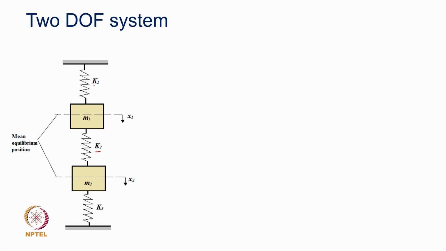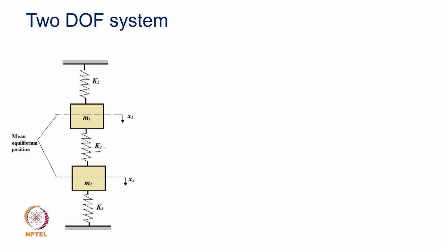For example, in the case of a hoisting drum, this is the stiffness of the beam, this is the stiffness of the rope. So, this spring may not be necessary, but just for the sake of completeness or illustration, we have included one more spring here. That does not make a big difference in the analysis process.